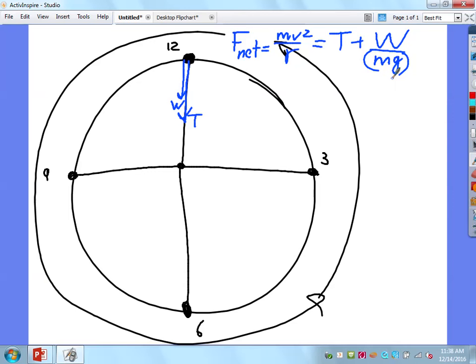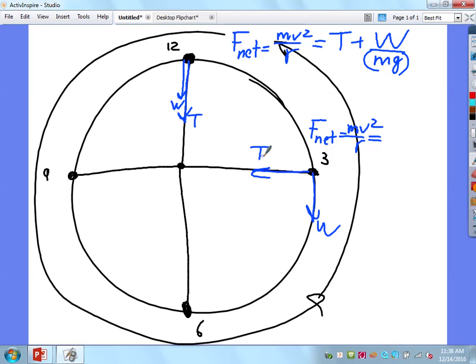All right, let's go to the 3 o'clock position. Which way would weight be pointing? Always down, so it's going to be pointing straight down. Which way would the tension be pointing? To the left. This would still be F net equals mv squared over r. Technically, neither the v or the r should be changing in the problem. The magnitude should not be changing. But what forces should I include in the net force equation?